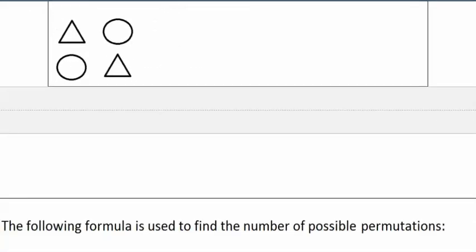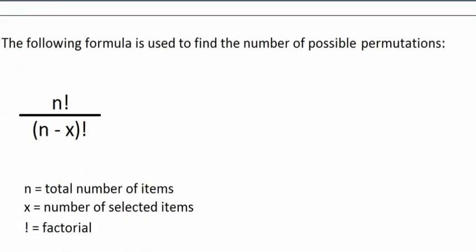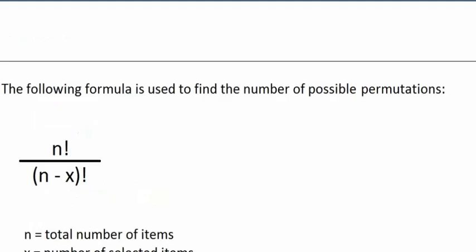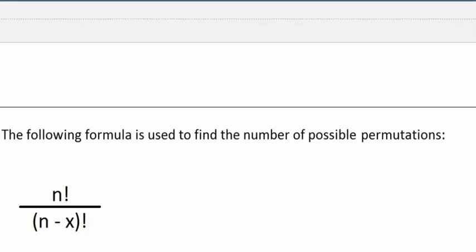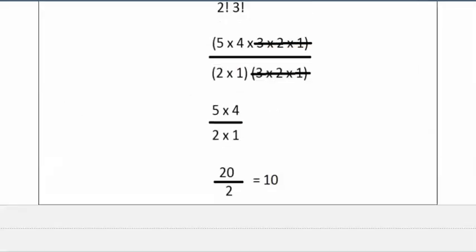So here's a formula that can be used to find the number of possible permutations. So you have n and x. It's actually almost the same exact formula for the number of combinations, except one thing is left off.